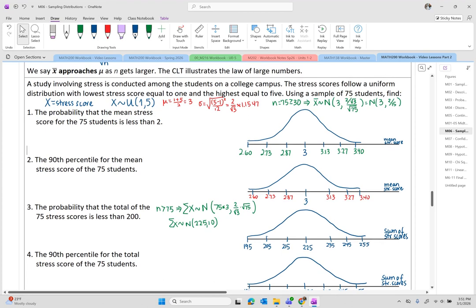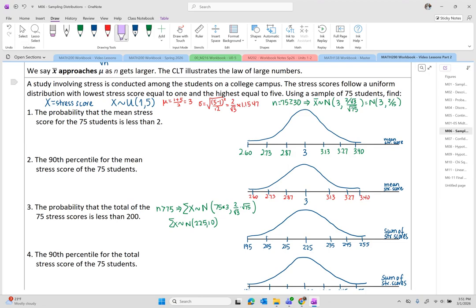So let's try to solve some problems regarding this. We have a study involving stress for students on a college campus, and the stress scores follow a uniform distribution. So the variable has a uniform distribution. The lowest value is 1 and the highest value is 5.